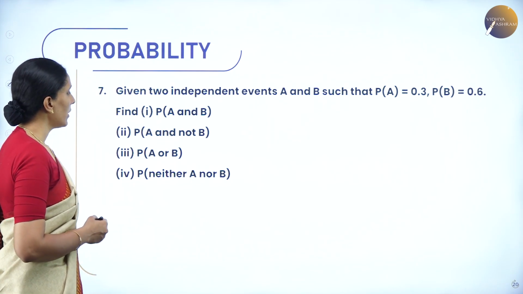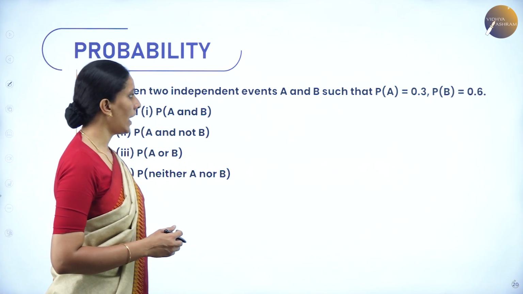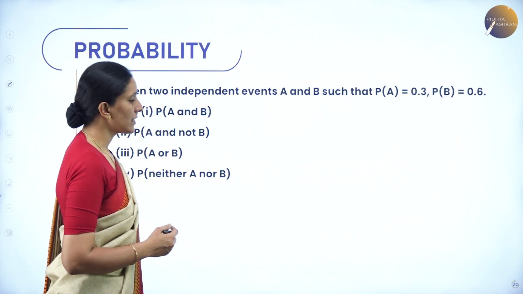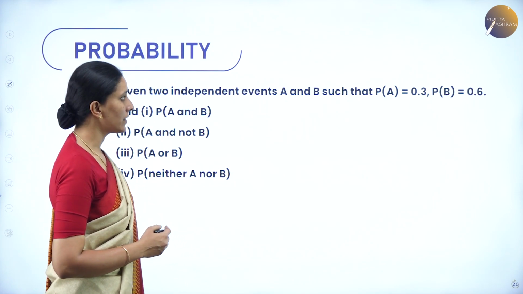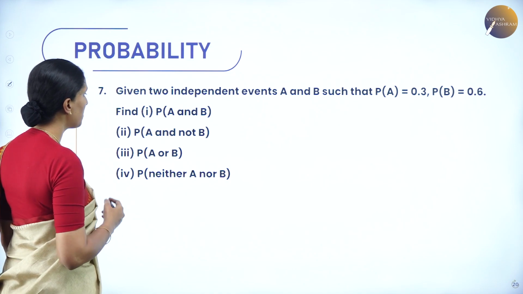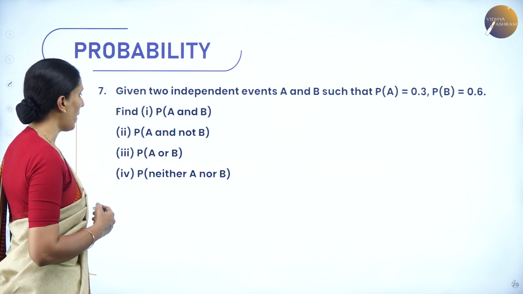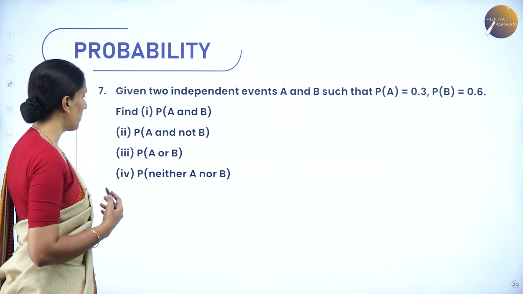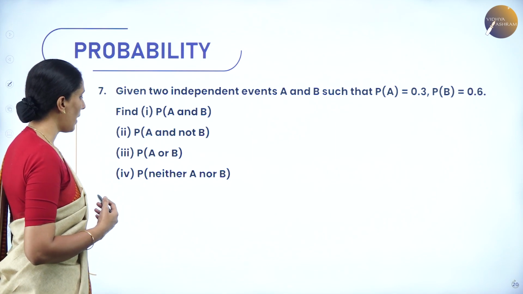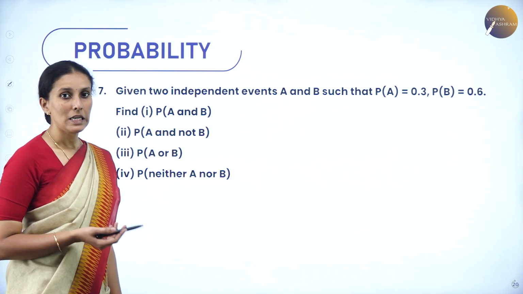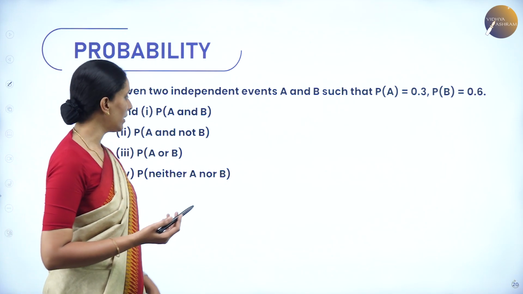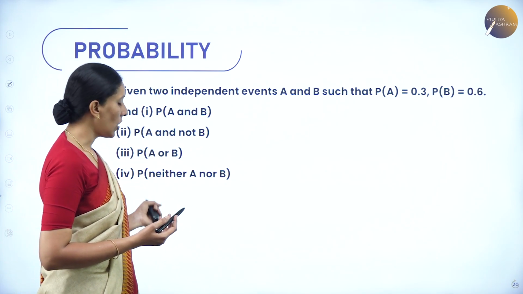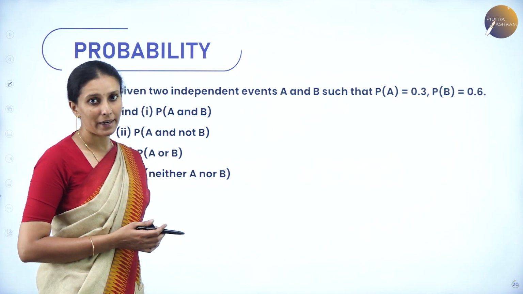Next question. Given two independent events A and B such that P of A is equal to 0.3 and P of B is equal to 0.6, find the probability of A and B, probability of A and not B, probability of A or B, and probability of neither A nor B. Since A and B are independent events, not B and not A are also independent events.